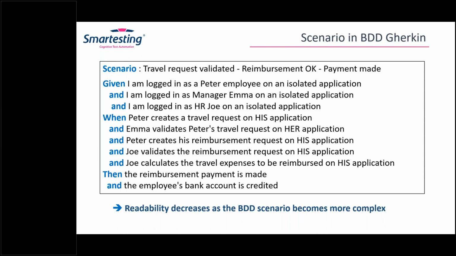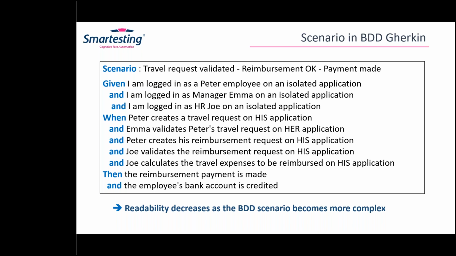If we try to write the previous test scenario in given, when, then format, we obviously reach the limits of readability of a Gherkin scenario. It becomes too long, too complex, due in particular to the roles of Peter, Emma, and Joe being considered as well.